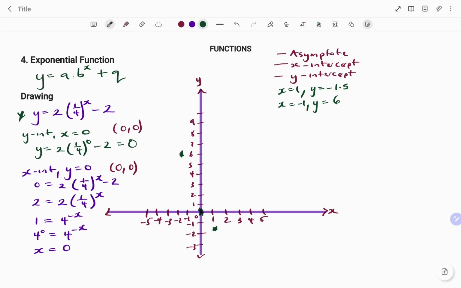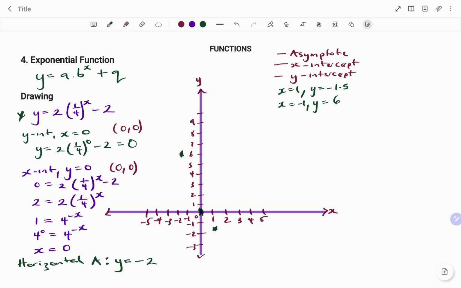Before I draw my graph, like I did for my hyperbola, it's important to first of all draw your asymptote. Note that my asymptote is my q value. So I have my horizontal asymptotes, I'm going to write them down here. Horizontal asymptotes, the value of y equals my q value, and my q is negative 2.